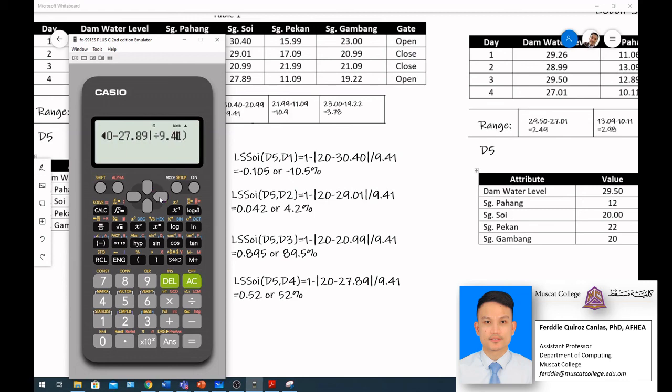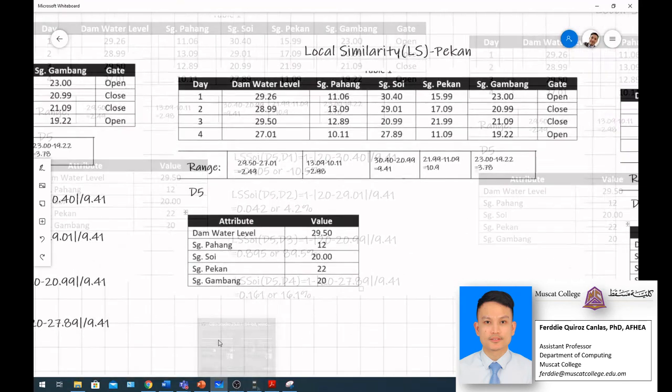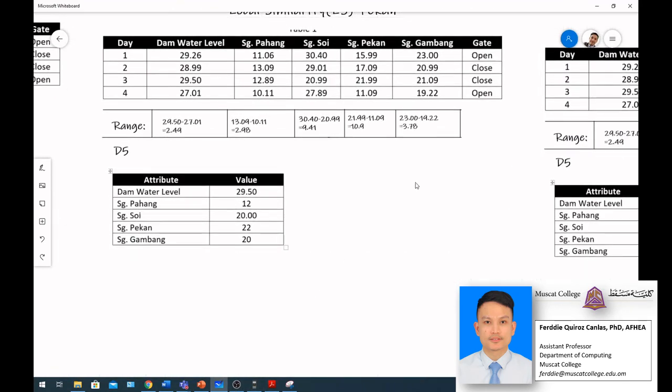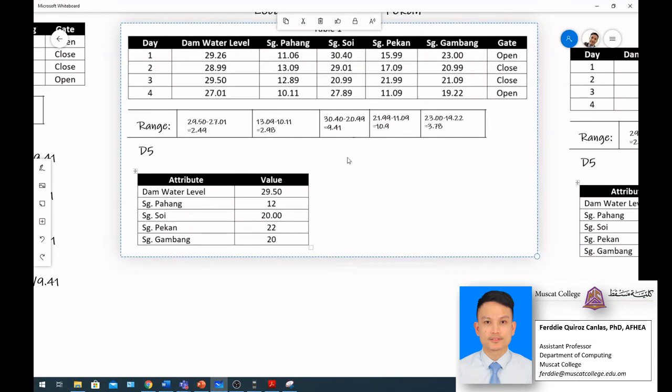Correct. So the answer is 0.161, which is 16.1% for pecan. Okay, so we will wait for Reem to finish hers. Yes, Master. Okay, thank you so much. Let me just write something for you.